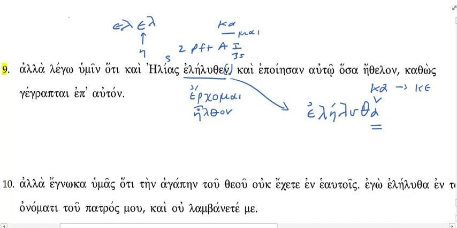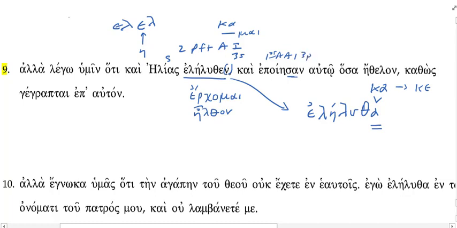Okay, Elijah has come. And epoiesan auto. Which tense is epoiesan? Sa? Yeah, this is a good old first aorist active indicative. And what do I have when I have the final nu here? That's third plural.